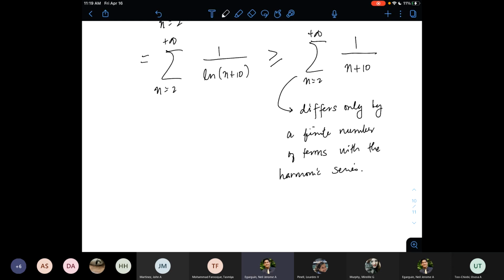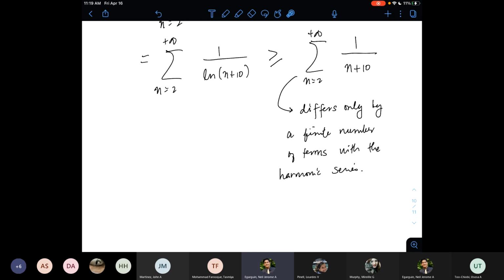And remember, if a given series differs only by a finite number of terms from another series, then they will both converge or they will both diverge. So this guy looks like the harmonic series. It's just that it starts at 1 over 12, but the harmonic series starts at 1, then 1/2, 1/3, and so on.